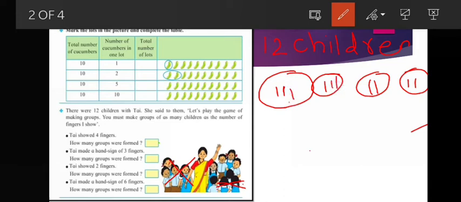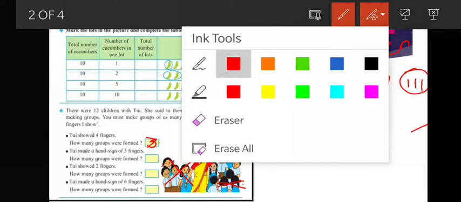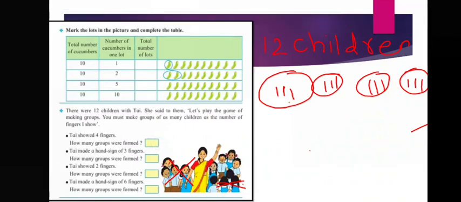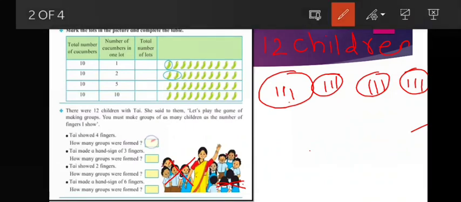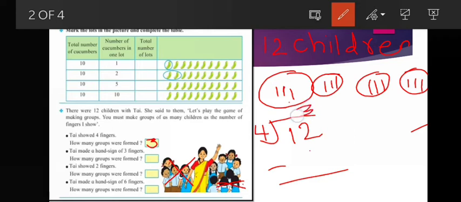One will go here, one will go here, the other will go here. So each group will have how many children? 3 children. Okay? 3 children, right? Because 4 3s are 12. Or when we divide 12 by 4, 4 1s are 4, 4 2s are 8, and 4 3s are 12. Right, children?